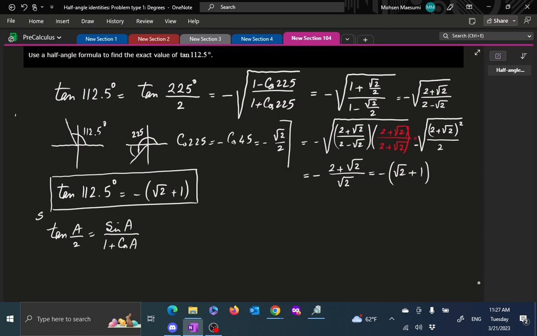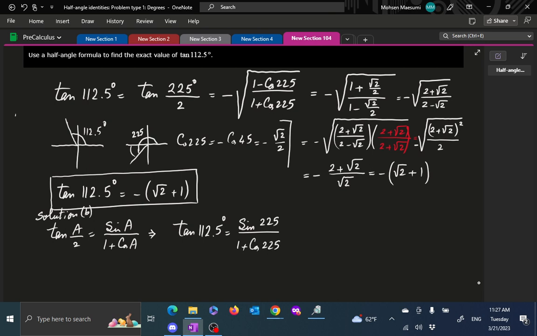So let's look at this as solution type B. So this one tells me tangent of 112.5 is sine of twice this, which is 225, over 1 plus cosine of 225.